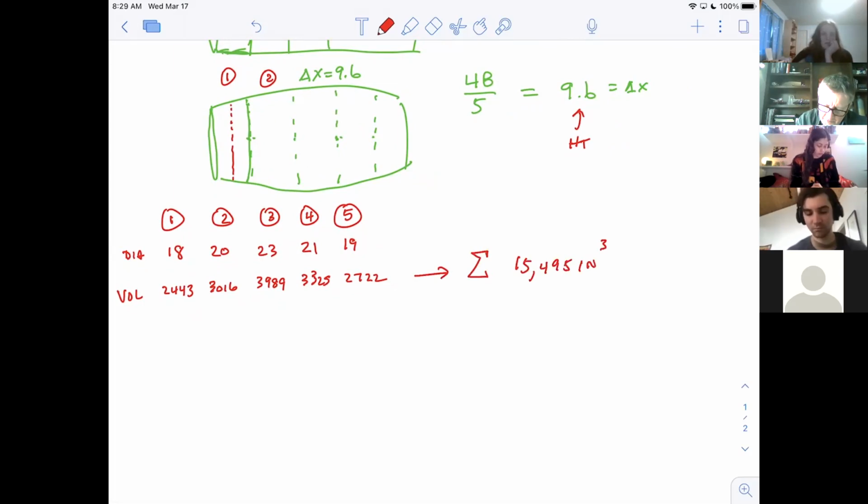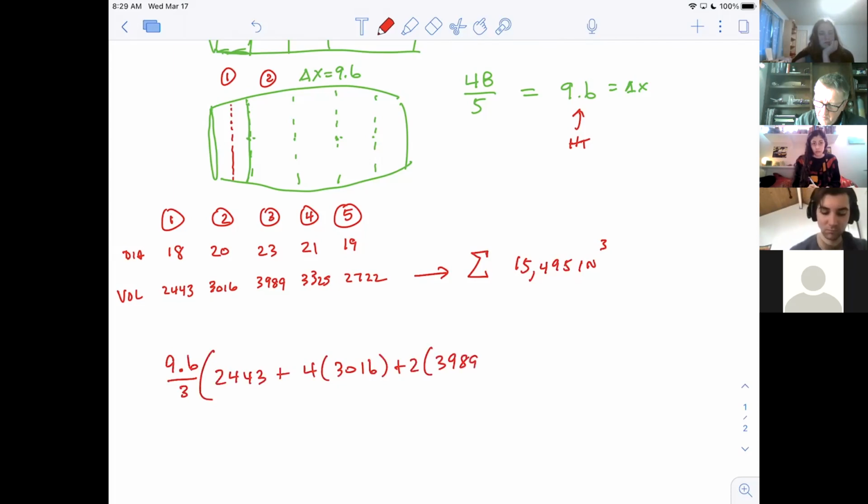So if I tried to do Simpson's rule, Simpson's rule said you take the change of x, divide by 3, and then you take the first number plus 4 times the next number. Doesn't it seem like it's going to be way too big? Plus 2 times the next number, plus 4 times the next number, plus the last number.